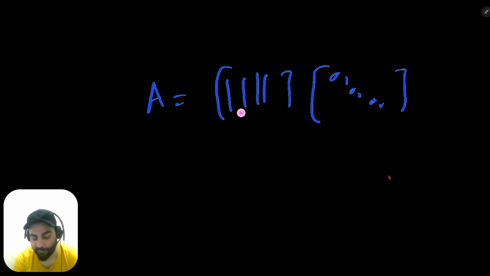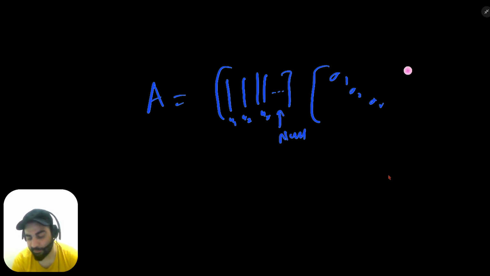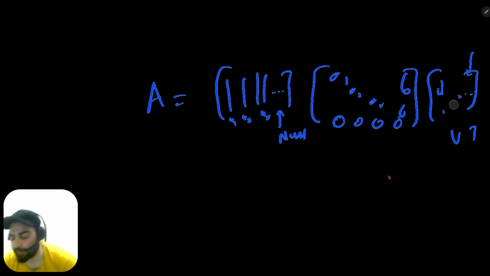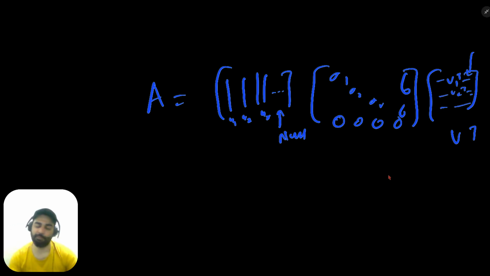You'll have U1, U2 till Ur, and then some vectors from the null space, and zeros filled over here. Then you will have V transpose, with v1 transpose and v2 transpose, and the other vectors you fill will be from the null space.